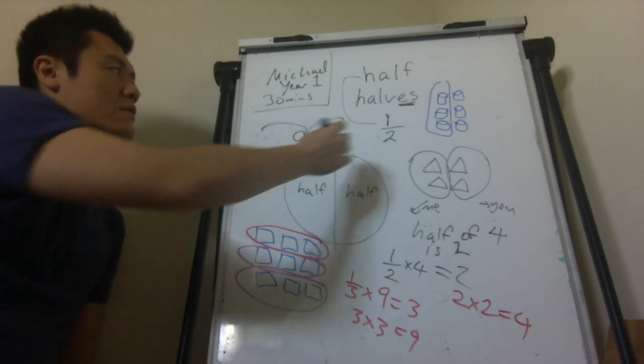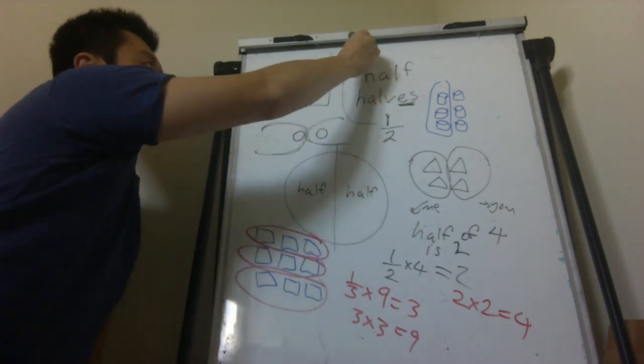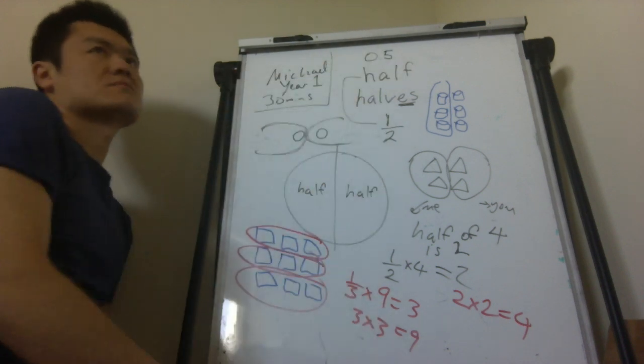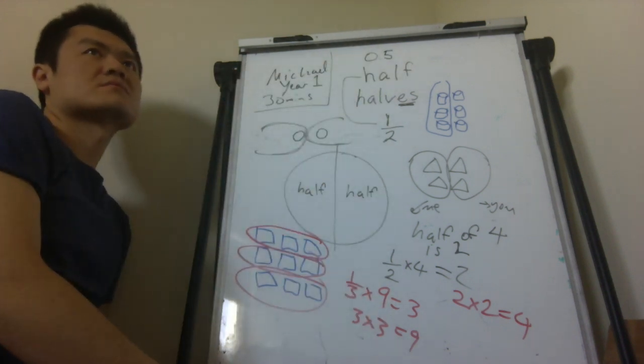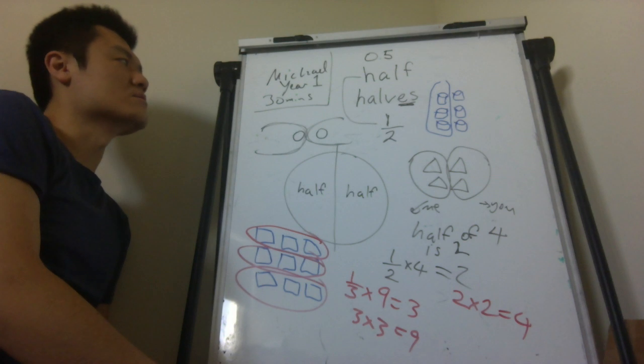Another way to write half is sometimes we write 0.5. Have you seen that before? I remember I learned it. Really? Oh, I showed you once, maybe.